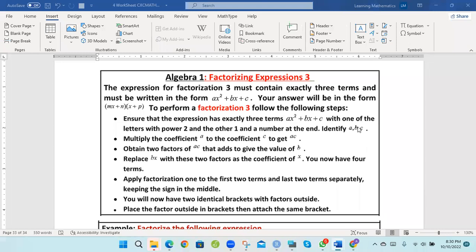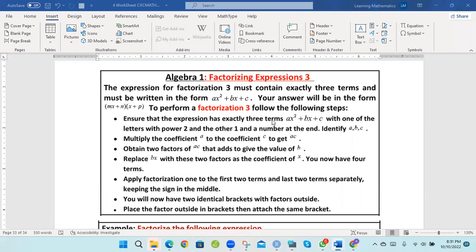So what is meant by that? x has a power of 2 and x appears again with a power of 1 and a number at the end. And a, b, and c are the coefficients: a is the coefficient before x squared, the coefficient of bx is b, and c is the constant.